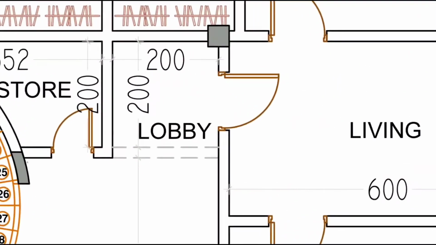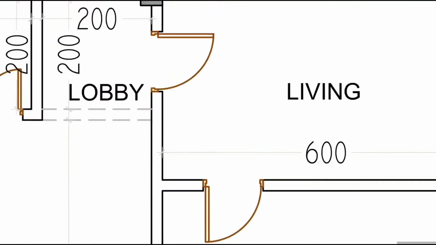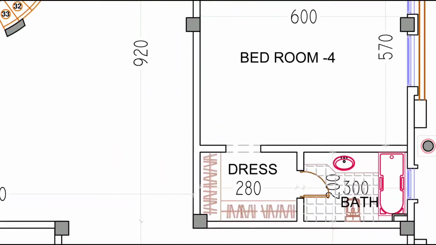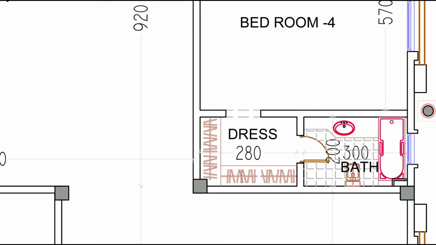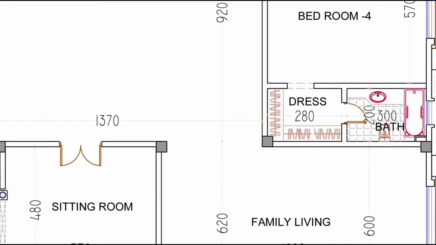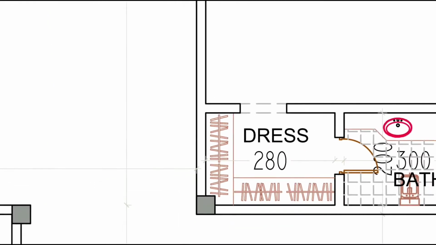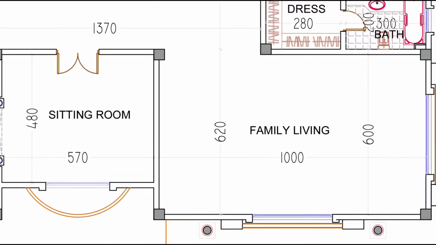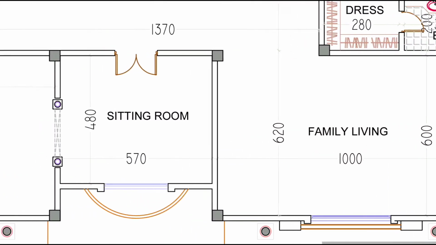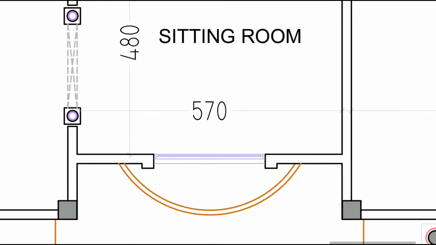From this entrance you can access this bedroom and this bedroom also. The attached bathrooms this side are 300 by 200 centimeters and 280 by 200 centimeters. This is an open arch. We have not provided a window or door here. So this is a wide family living area, 620 by 1000 centimeters, and this side is a sitting room, 570 by 480 centimeters.